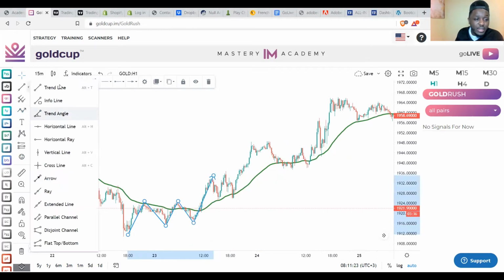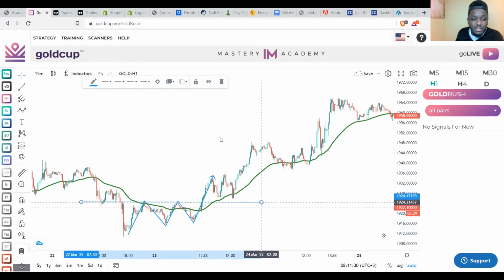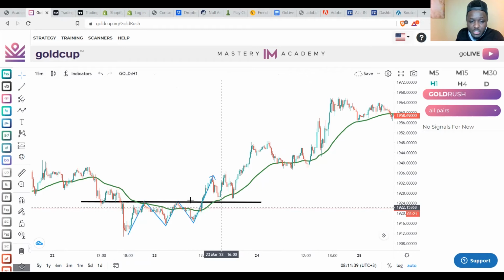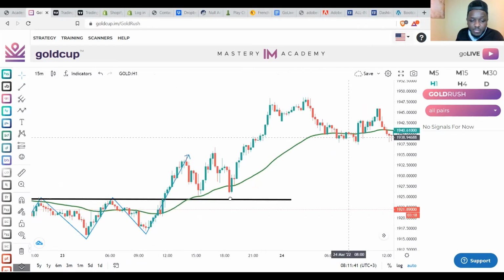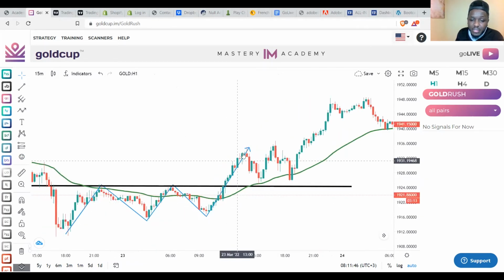Market has broken this support level. It was a resistance. Okay, you can see how the market broke this resistance area here.